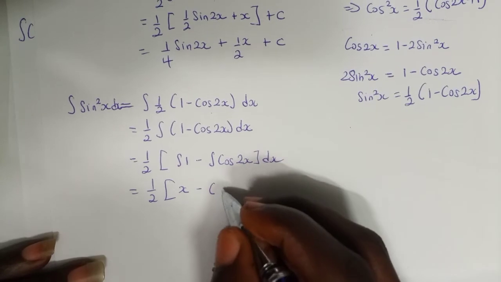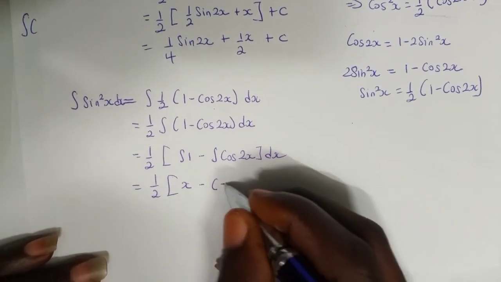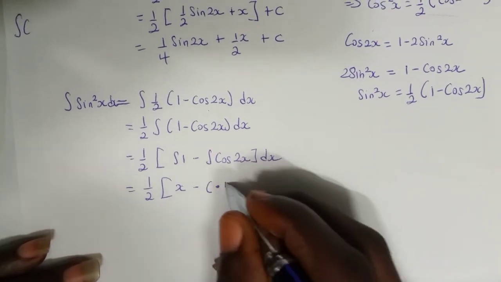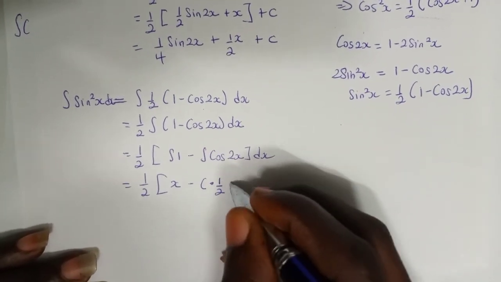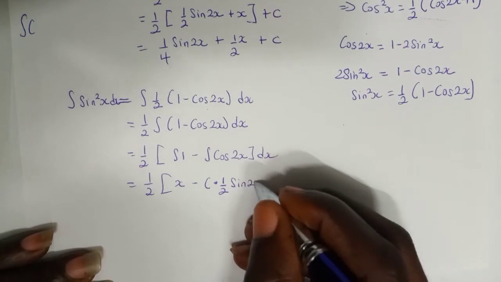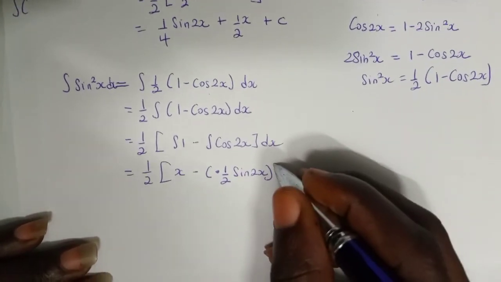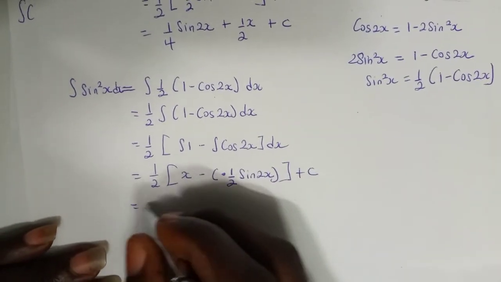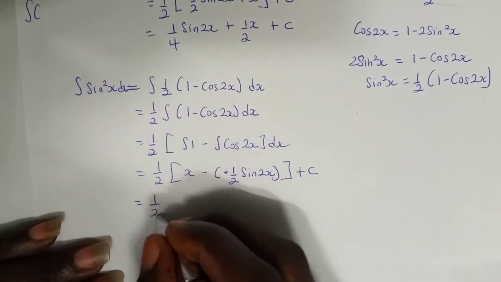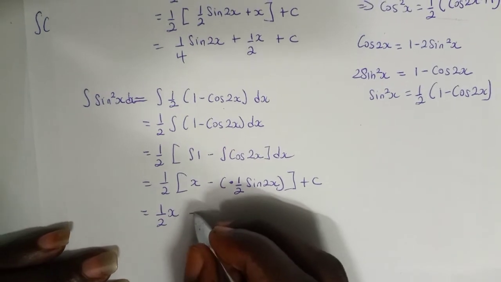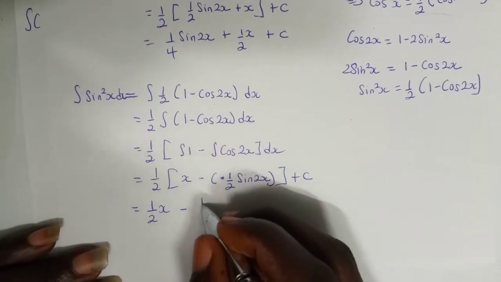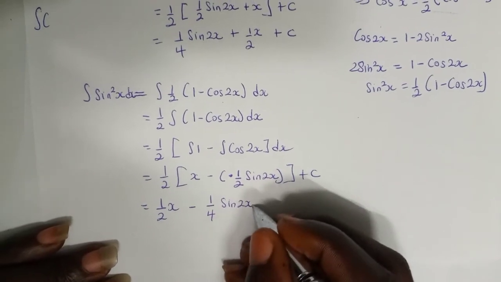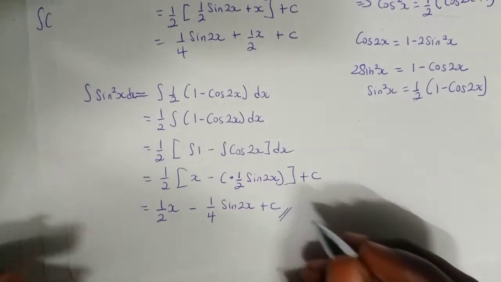We are going to get minus 1 out of 2 sine 2x plus c. So our final answer is 1 out of 2 x minus 1 out of 4 sine 2x plus c.